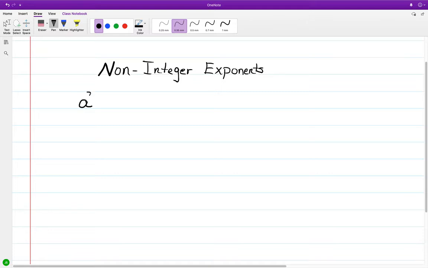we have, as one of our properties, a raised to the m over n degree, and that is equal to the nth root of a to the m.